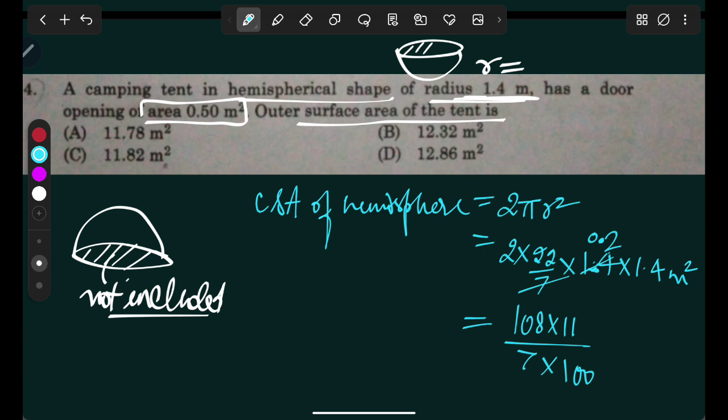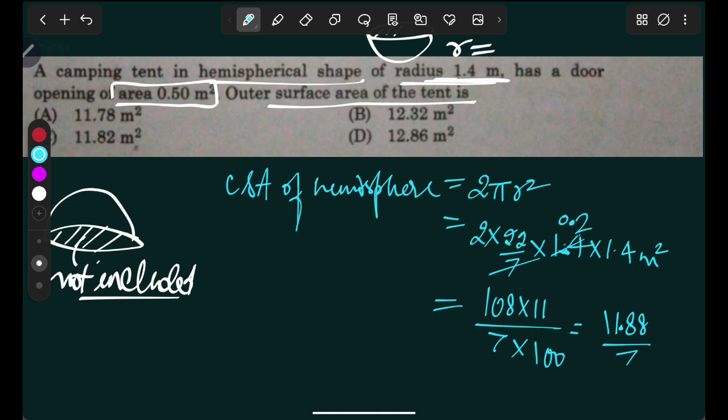So this comes out to be what? 1188 upon 7. Yes, 1188 upon 7. I don't think so. We are making some mistake out here.